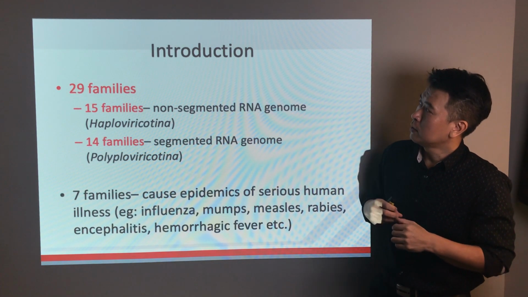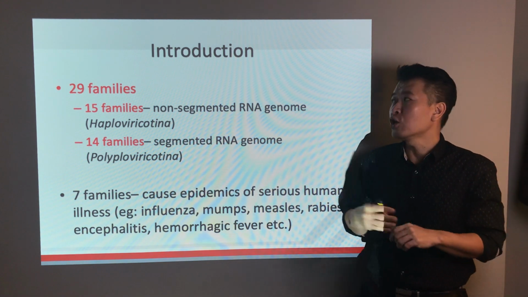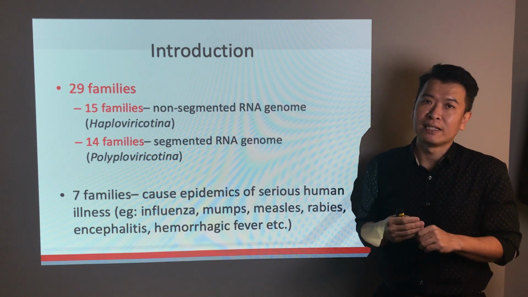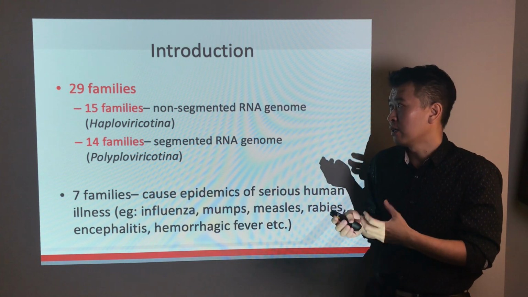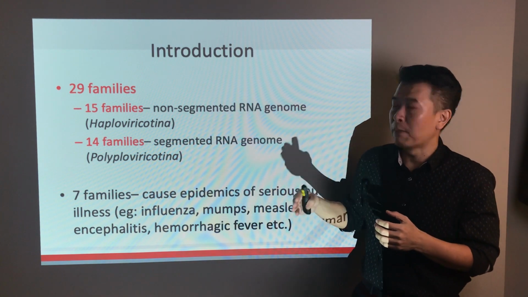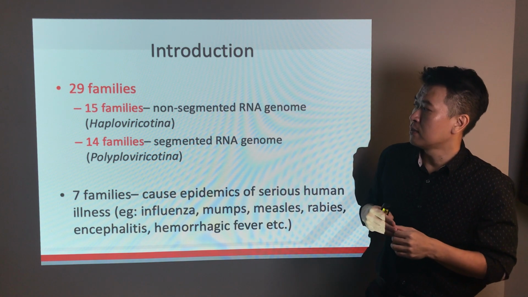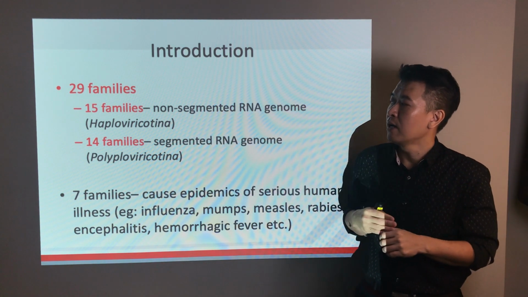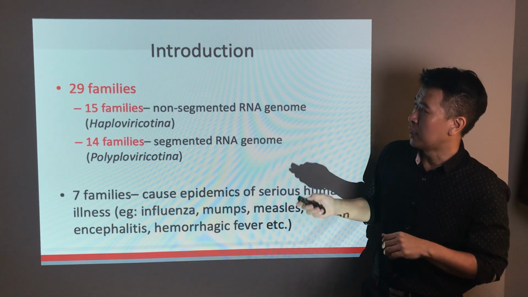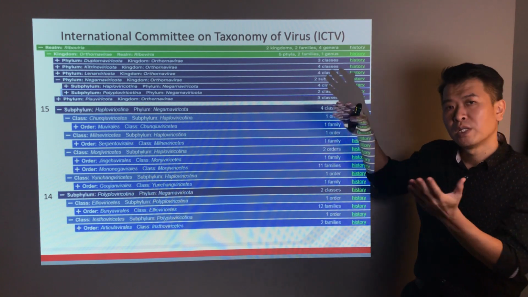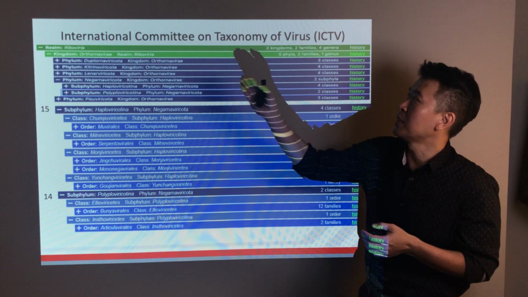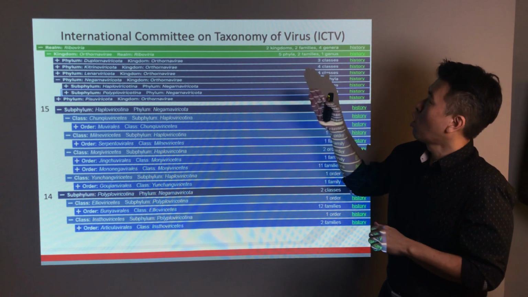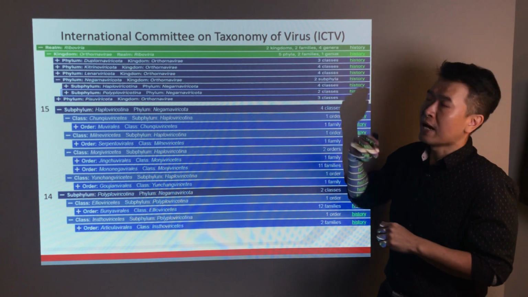Alright. As the introduction, there are a total of 29 families that have negative-strand RNA, where 15 of the families are non-segmented and 14 of them are segmented. This classification is done by the International Committee on Taxonomy of Viruses, in short ICTV.